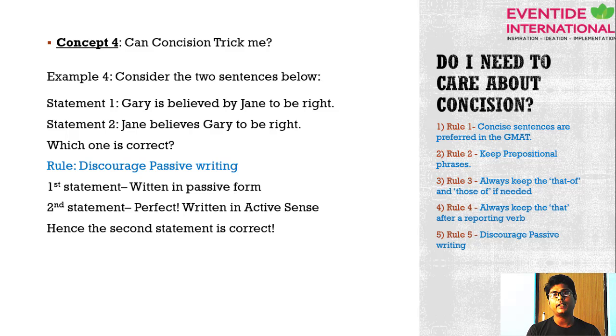The third rule that we learned is that you always need to keep the phrases those of and that of, and never ever omit those words for concision. The fourth rule that we learned was you always need to keep the word that after every reporting verb. And the fifth and the final rule that we learned is that in GMAT, active voice is preferred over passive voice.